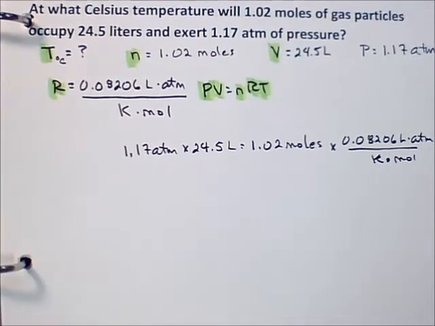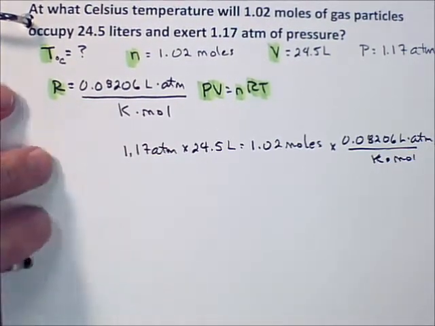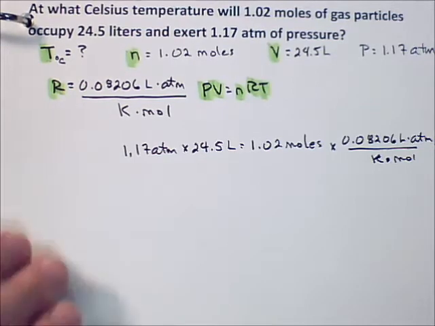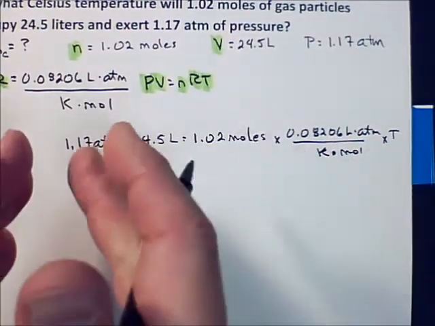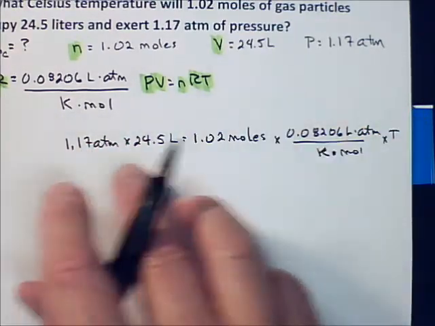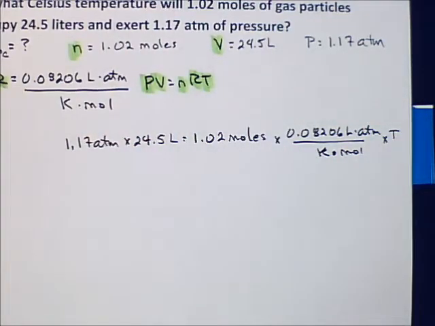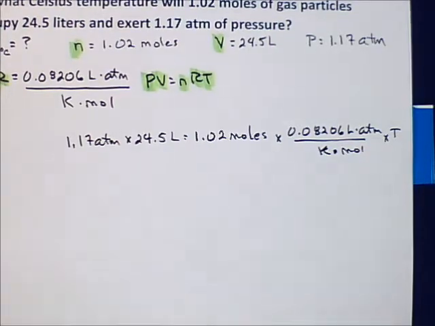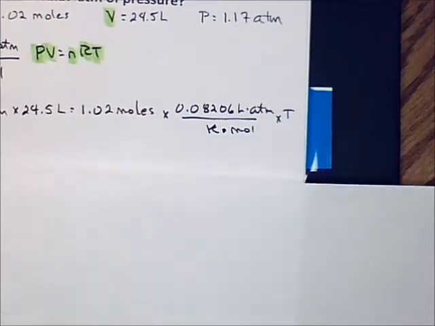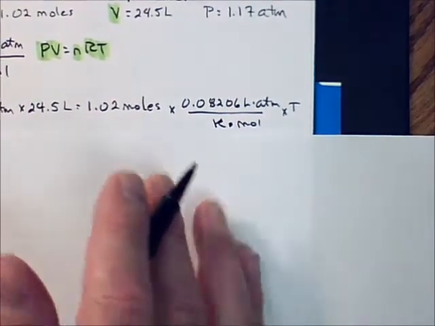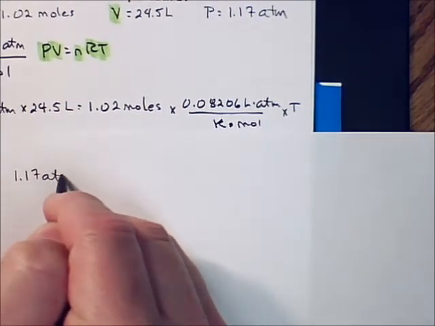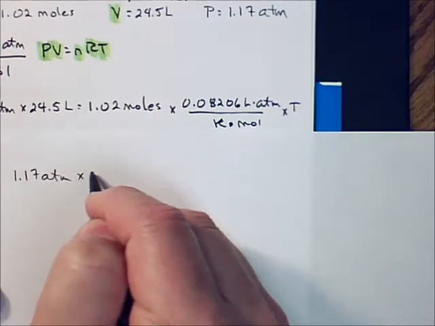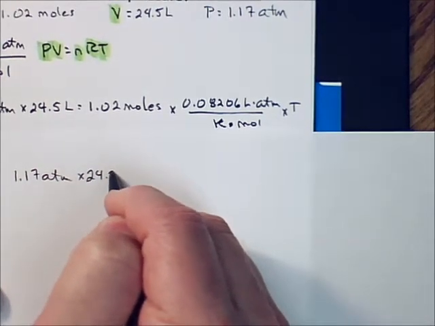Now, one of the problems with solving problems like this is that we need all this space, so we're going to need to turn our paper the long way. So I'm going to put a longer sheet of paper and transfer this problem out to give us some more space to work. 1.17 atmospheres times 24.5 liters.